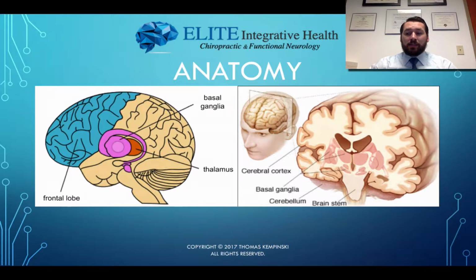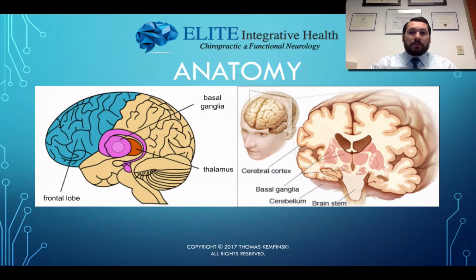So as these cells in the pars compacta become involved and damaged, when we lose dopamine, it really starts to alter the function of this basal ganglionic circuitry, which is responsible for movement, cognition, learning, behavior, emotion, etc. So that's why we see the symptoms associated with Parkinson's disease. The picture on the right of the screen is a brain that was sliced right down the middle in what we refer to as the coronal or frontal plane.